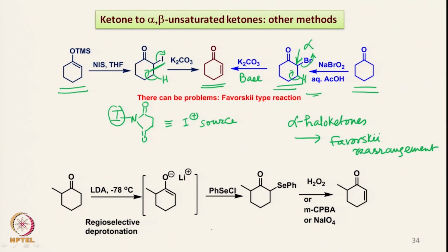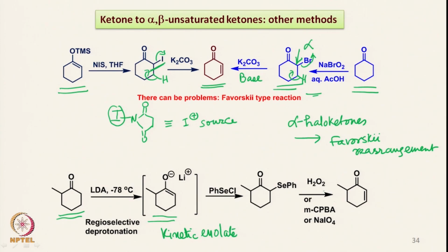The other way, of course, is we can take this ketone, for example, which we have already discussed, and treat it with a strong base at low temperature to generate a kinetic enolate, and react it with phenylselenyl chloride to form this alpha phenylselenoketone.